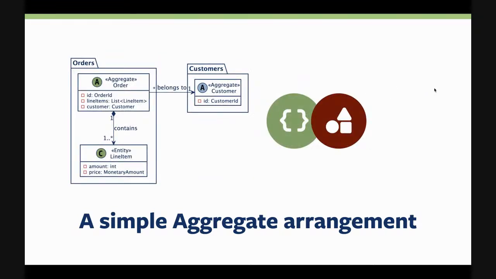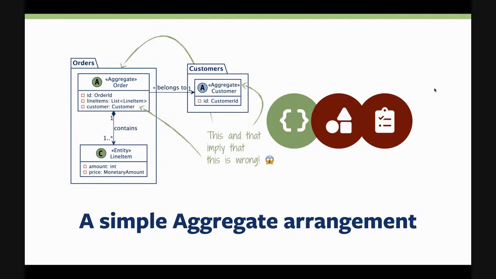So with the concepts and the rules applied, we can logically see that the model you've just seen here is wrong, not necessarily from a business point of view, but from the point of view of following the patterns and the pattern language, right? In this case, we were referring to the customer that placed the order as an entire aggregate reference.